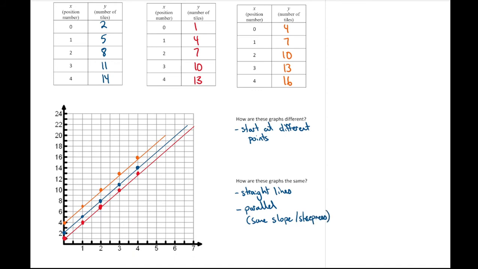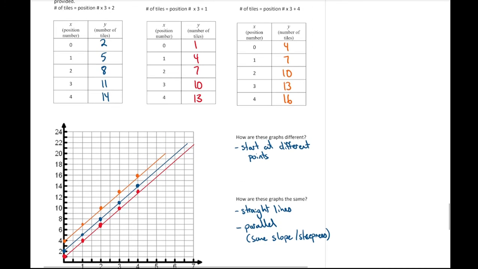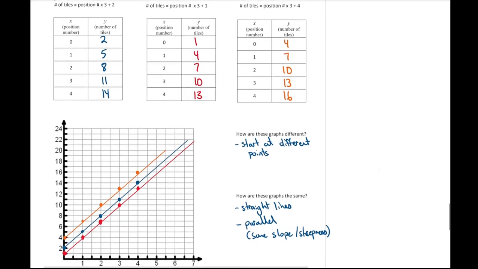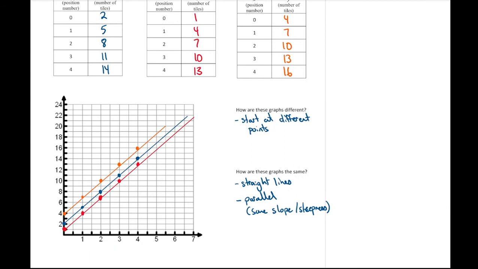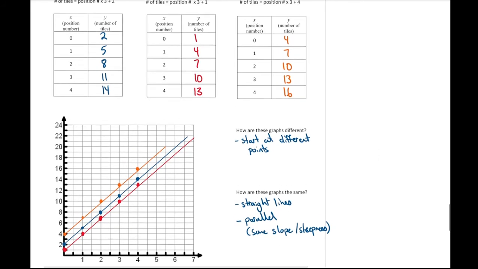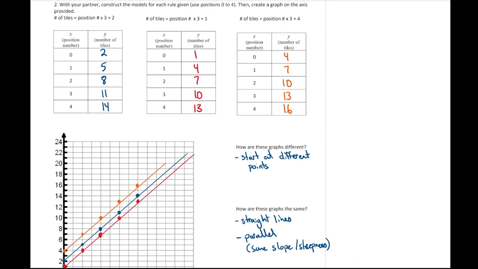Because they all look like basically the same slope or the same steepness, just shifted up or down, higher or lower, depending on a specific value. So again, looking at these graphs, that's what we want to see: how are they different? If we go back and look at the actual rules, we can see that the difference here is the constant.